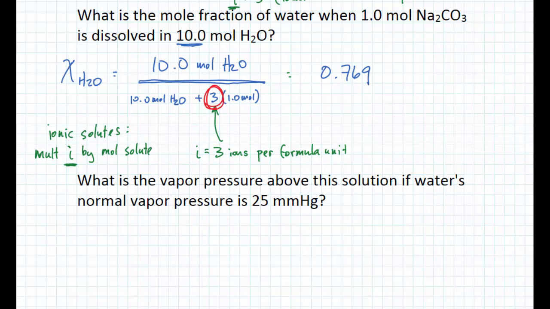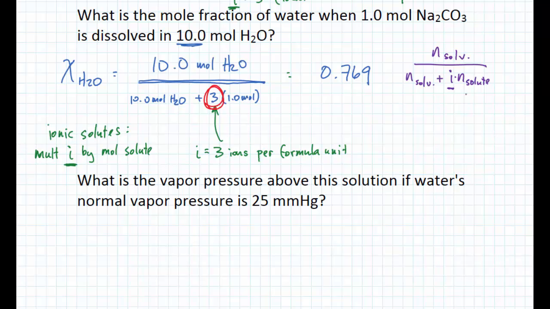If we were to make a general formula for that, n solute is i times n solute, like that.